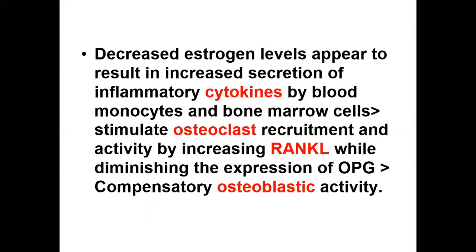So this is the mechanism in post-menopausal females who present with increased prevalence of osteoporosis. So decreased estrogen is due to less function of the ovaries, and increased secretion of inflammatory cytokines by monocytes and bone marrow cells.